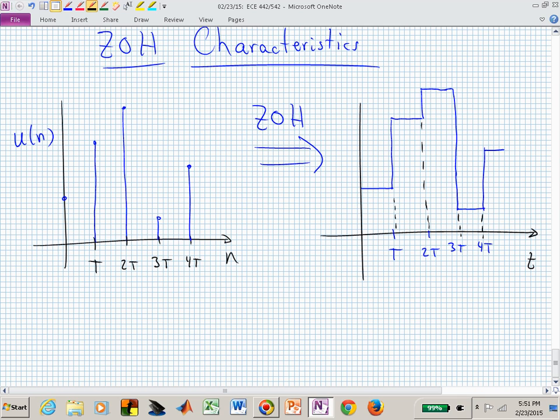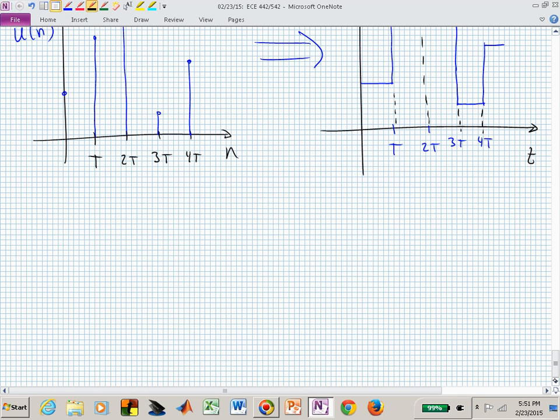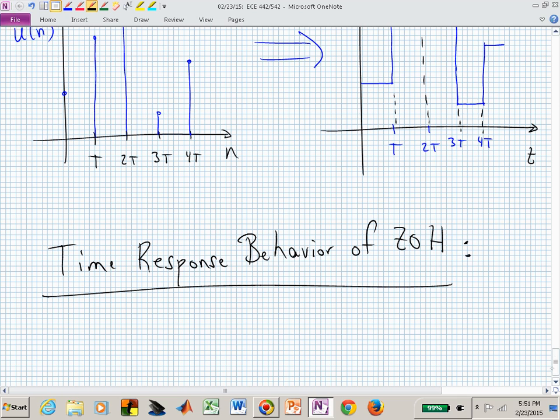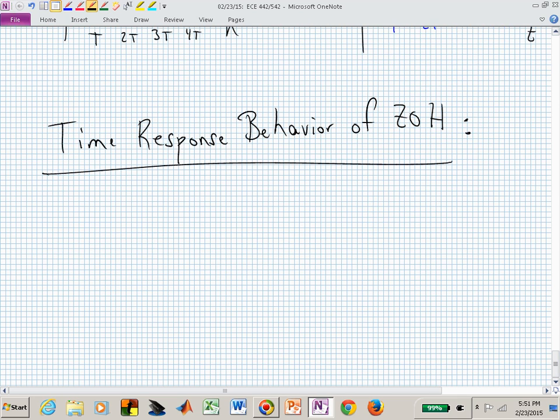Let's now look at the time response behavior of this process. I will call this the time response behavior of the zero-order hold. To do this, let's just look at applying a nominal value. We don't have to worry about a lot of different values.